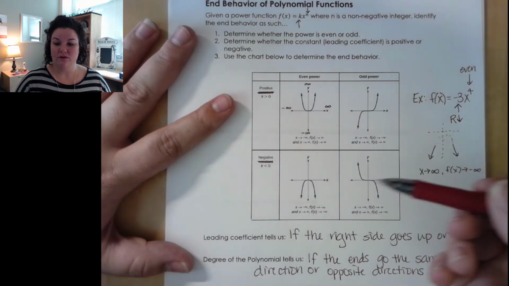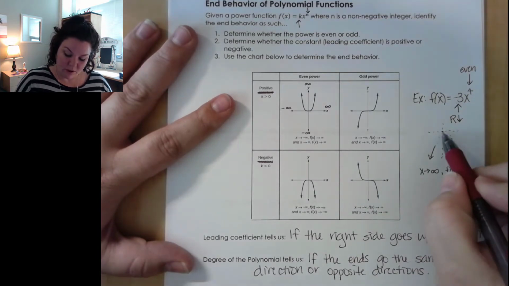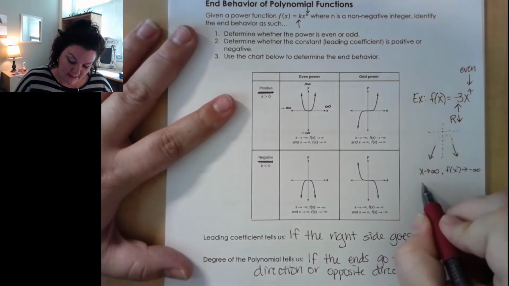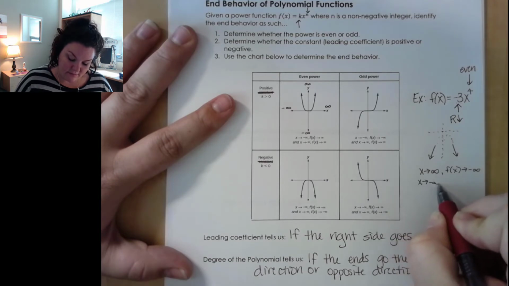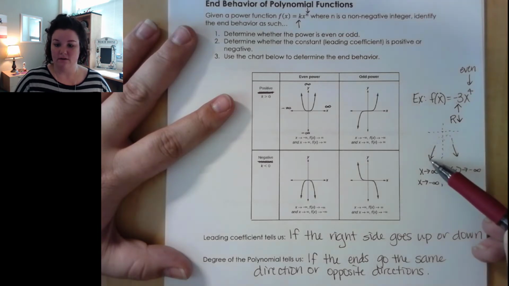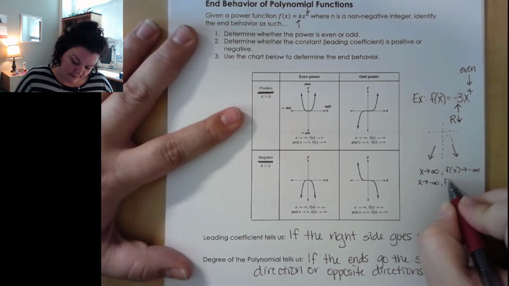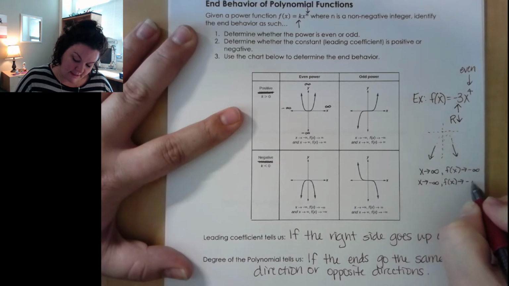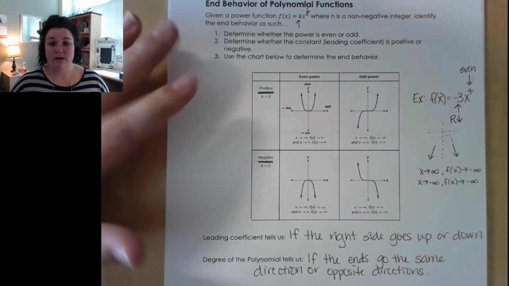And then we need to state the other direction too. If we go to the left, that means x is headed towards negative infinity. And as x goes out in this negative direction, notice the left side goes down. So that means my f(x)'s are going to negative infinity in that direction too.